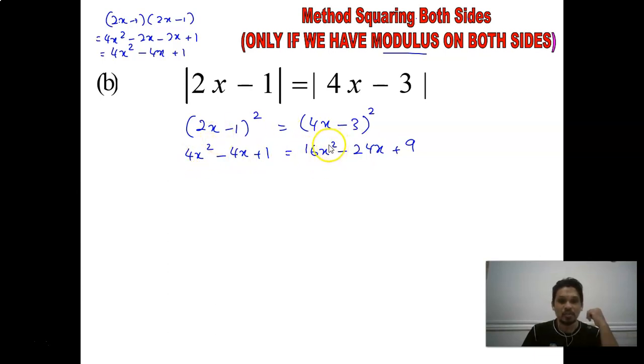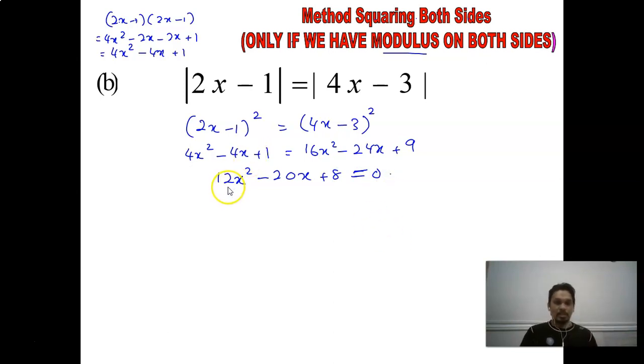So 16x squared minus 4x squared, 16 minus 4, is 12x squared. Negative 24 plus 4, negative 20x. 9 minus 1 equals 8, equal to 0.